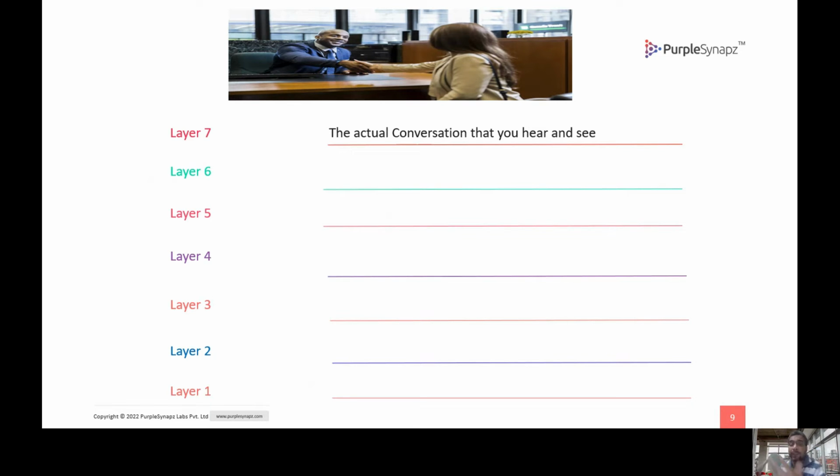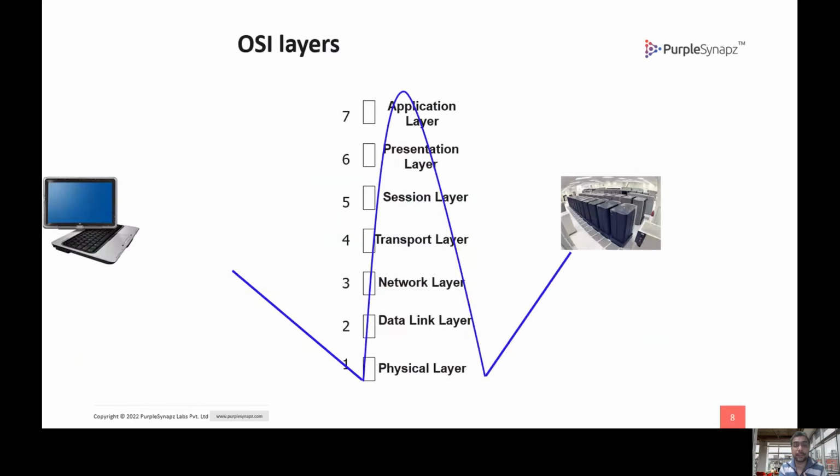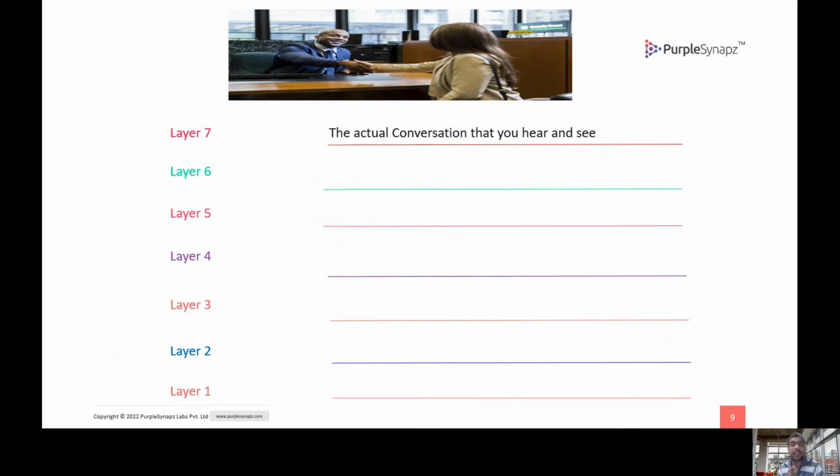So Martha is communicating certain information to John, telling him, this is my presentation, this is my offer, and John is accepting that. So layer 7 is that John and Martha are having the conversation. The conversation itself, the output, is at layer 7. The output, the top layer.